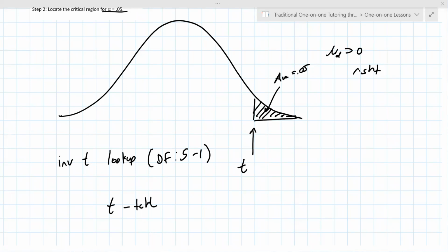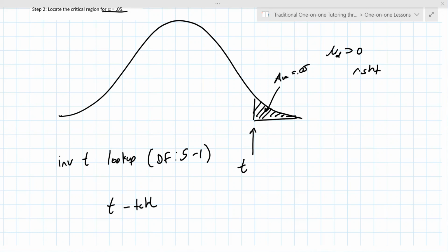Sorry, I gotta pull up my calculator now. I have a t table printed out here. So I'm looking at 0.05 and degrees of freedom 4, right?